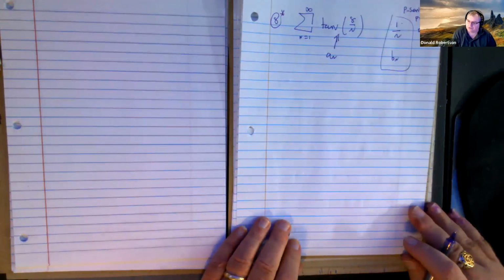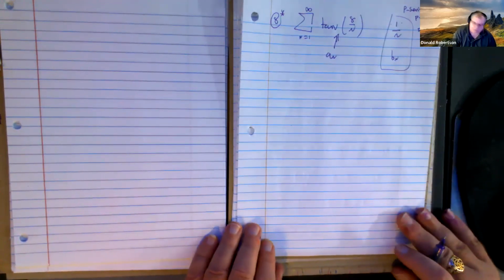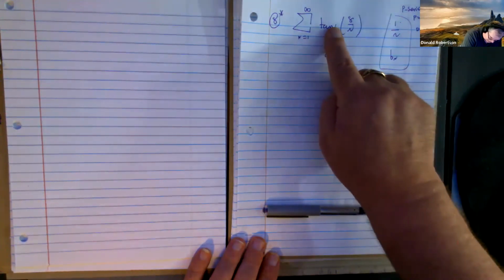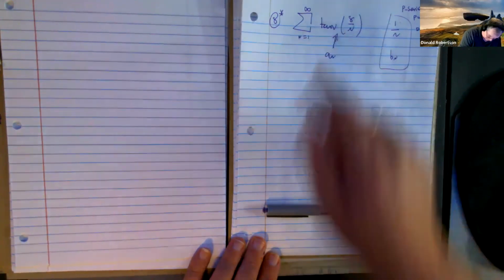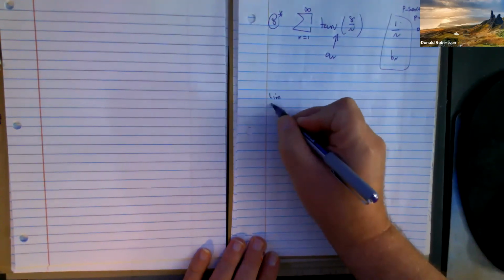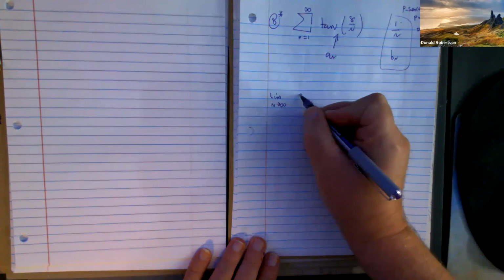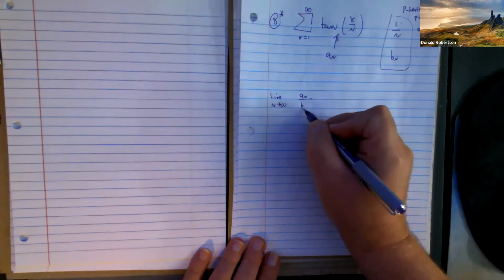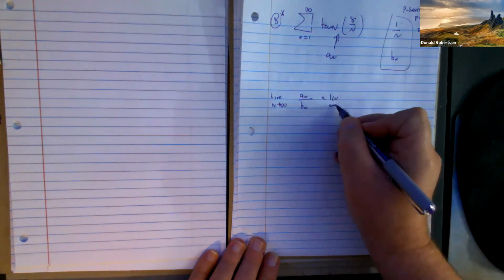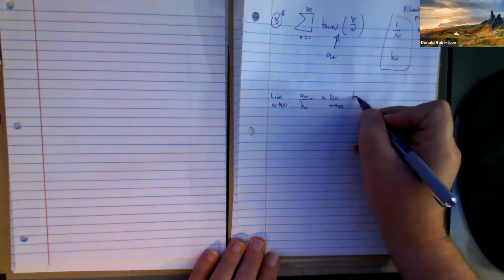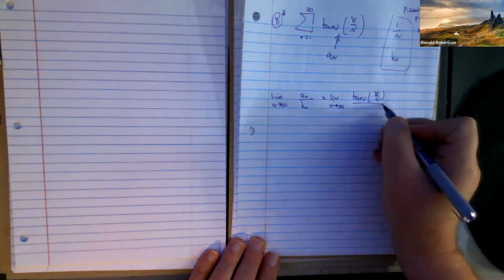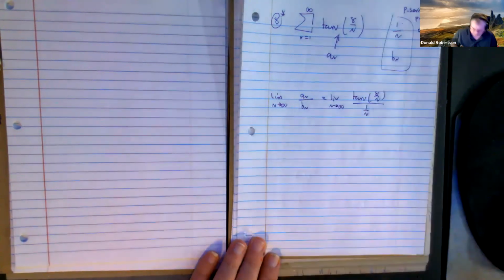As long as I can prove that it's a number, then the limit comparison test says that this guy behaves like that, so this guy diverges. So let's do it. It's going to be the limit as n tends to infinity of a_n over b_n. That's going to be the limit as n tends to infinity of the tangent of 8 over n divided by 1 over n.